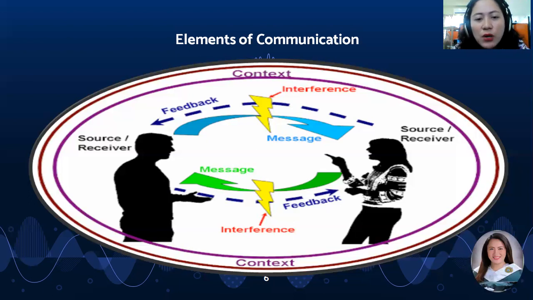Okay, so with this simple illustration, you might be able to understand what are the elements of communication and how communication flows and how communication process is being labeled here. But let's try to single out everything for a deeper understanding.